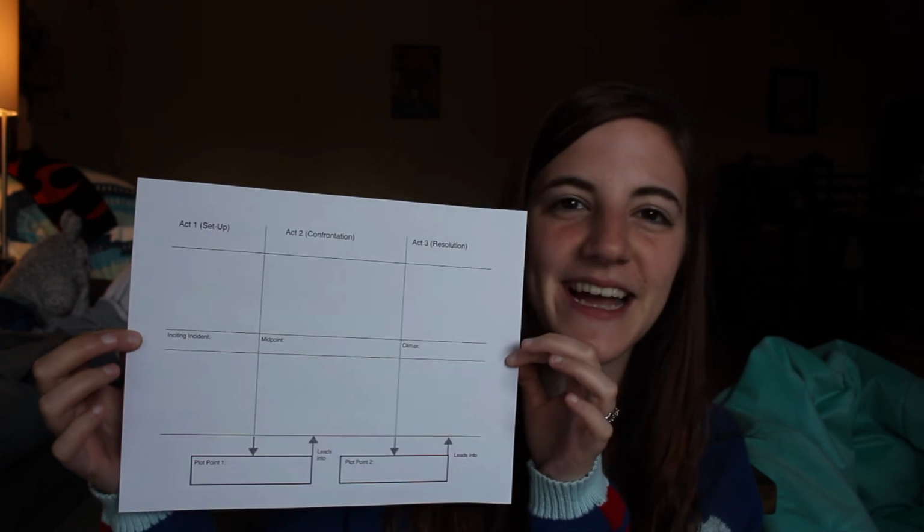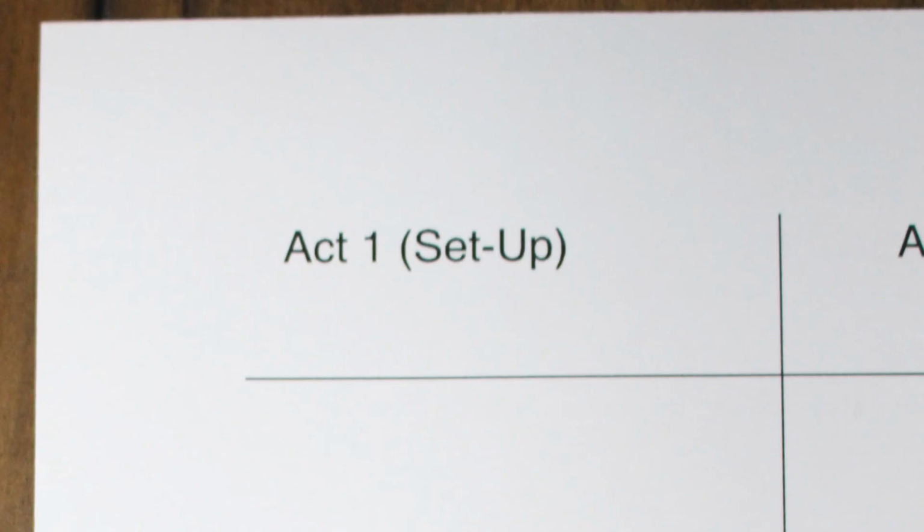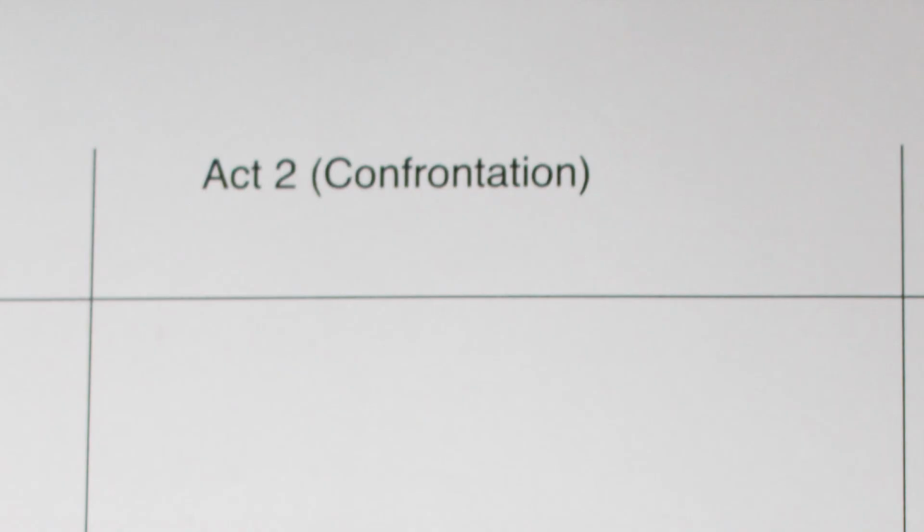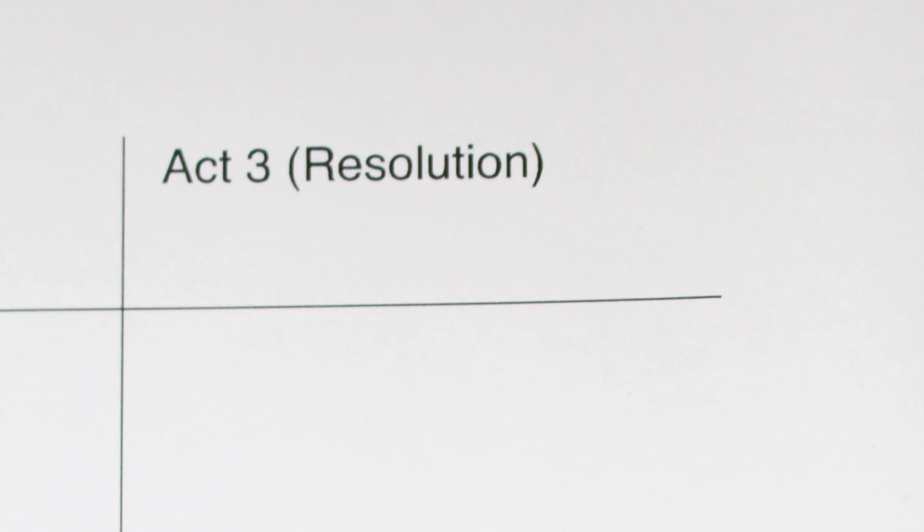So this is a paradigm. Basically, the way a film works is that it's broken down into 3 acts, much like a novel is. You have Act 1, which is your setup, Act 2, which is your confrontation, Act 3, which is your resolution. Within each of those acts, you have different moments.